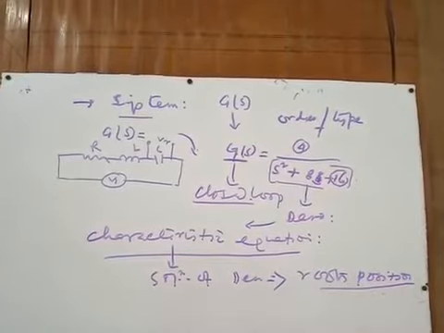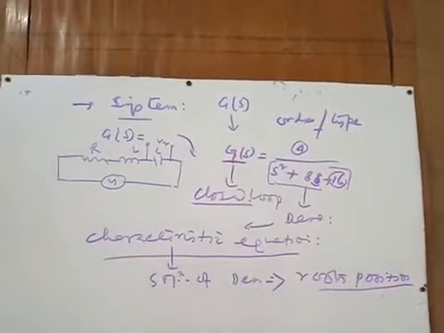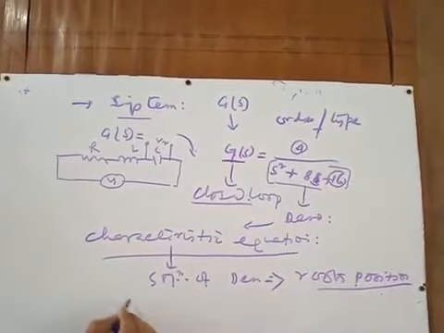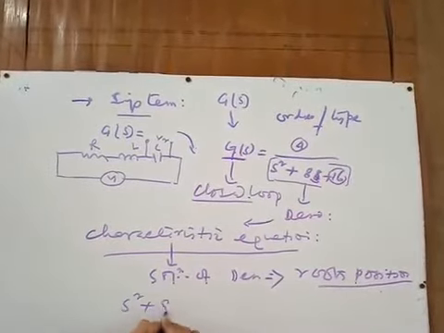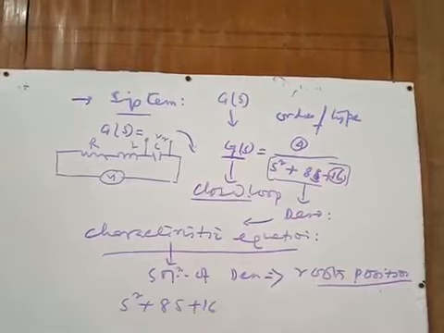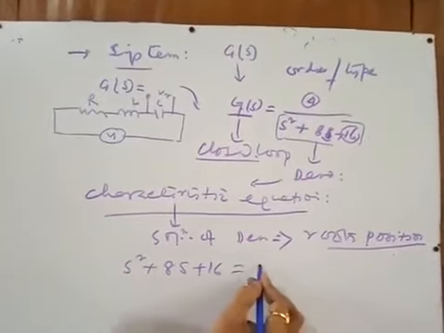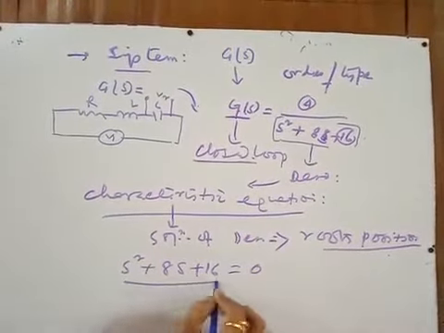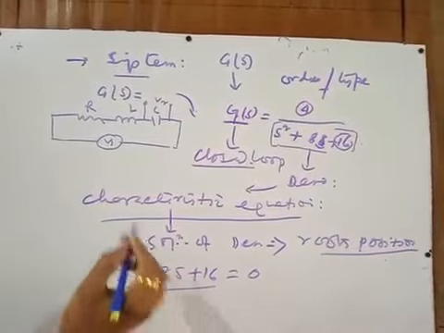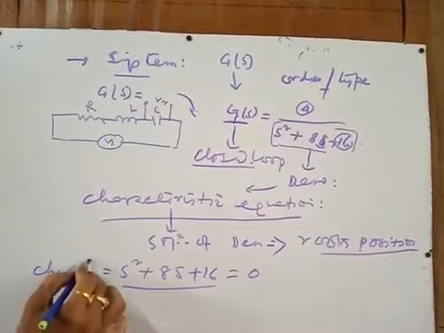Take this transfer function. The denominator is s squared plus 8s plus 16 equal to 0. If you make this denominator equal to 0, this is known as the characteristic equation.